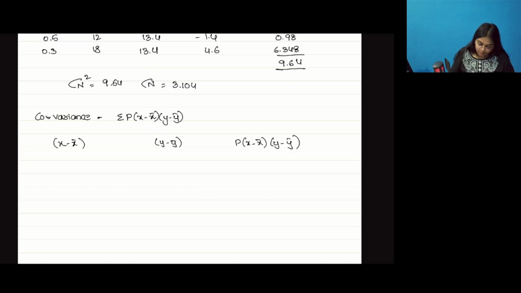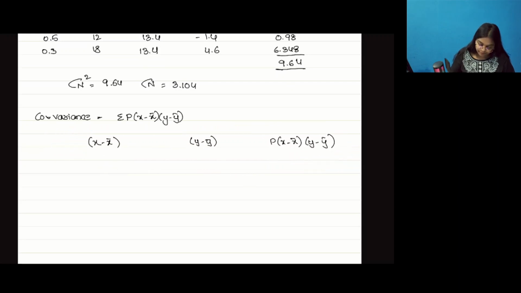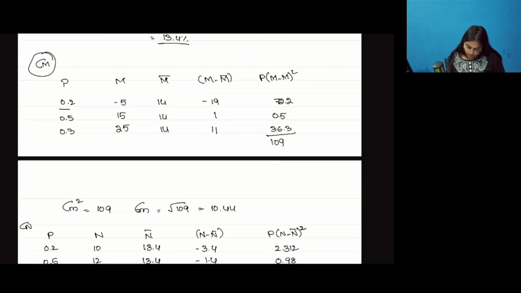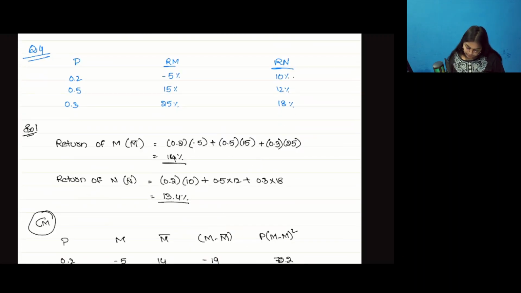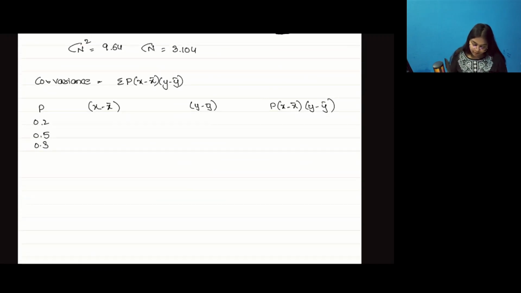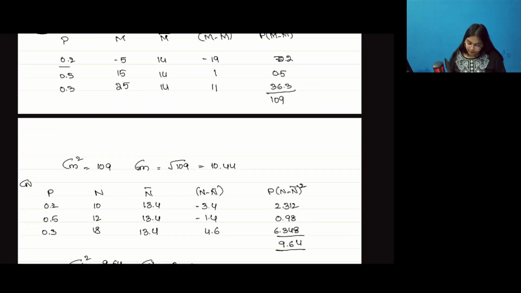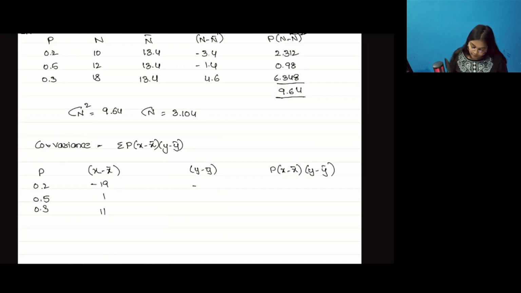Take p also here, 0.2, 0.5 and 0.3. X minus x bar is minus 19, 1, 11. Y minus y bar will be minus 3.4, minus 1.4 and 4.6.